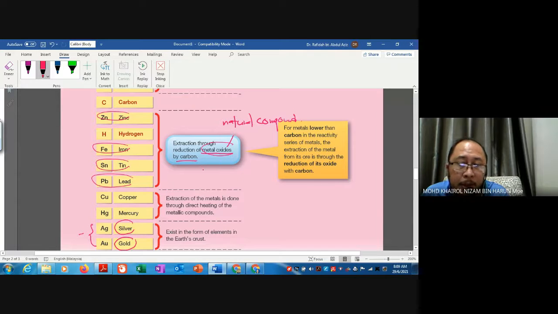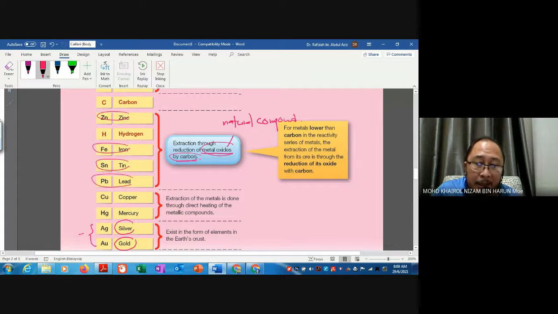So this is the way we can separate metal from their natural compound, by the process of heating metal oxide and carbon. Okay, same as the experiment that we have discussed previously.